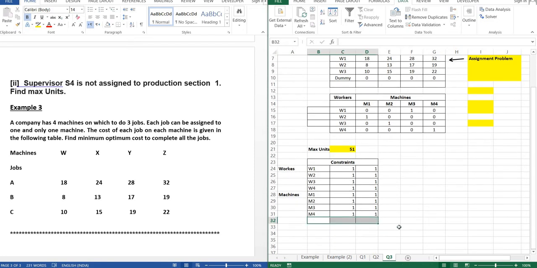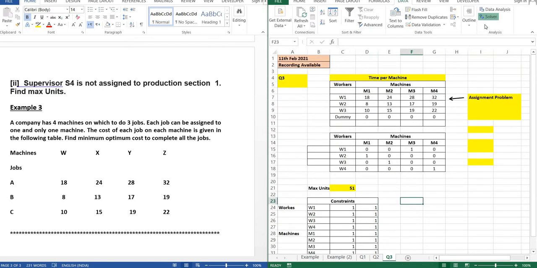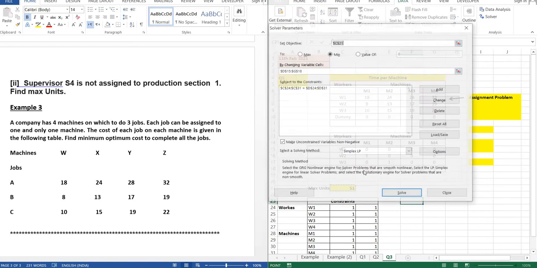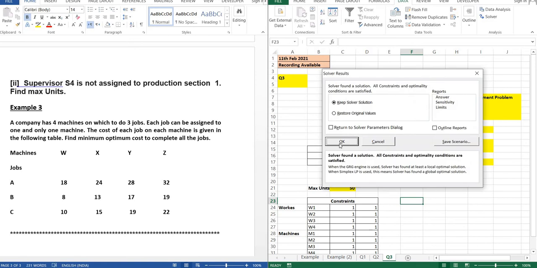Akash Singh, what is the answer for question number 1? Sir, we got 21 for minimum time and 26 for maximum unit. Yes.